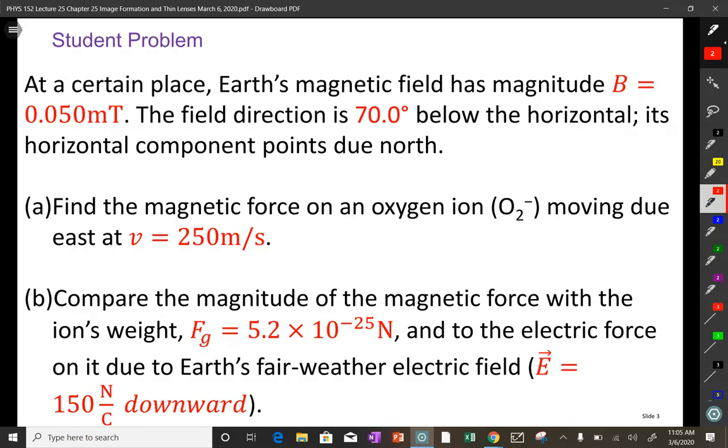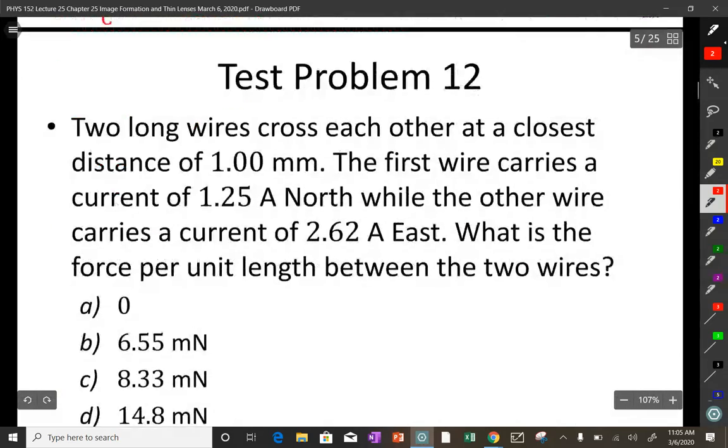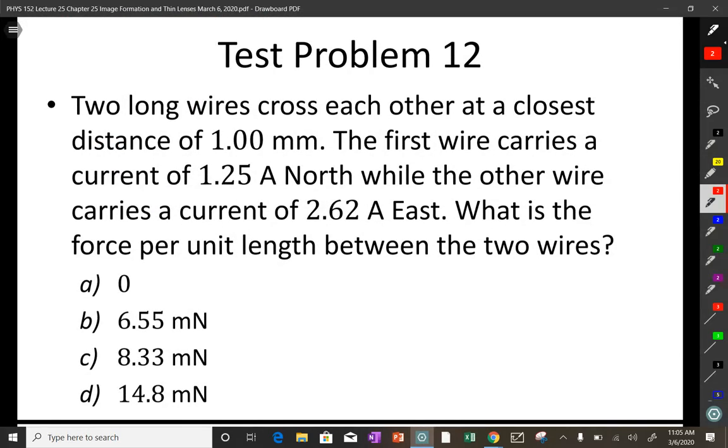Okay, so the problem there, identifying what the angle is. The next one that had a big problem, now this one not everybody missed. There are a few that got it right, but most people missed this one as well. You have two long wires that cross each other at a closest distance of 1 millimeter. The first wire carries this current north, while the other wire carries this current east.